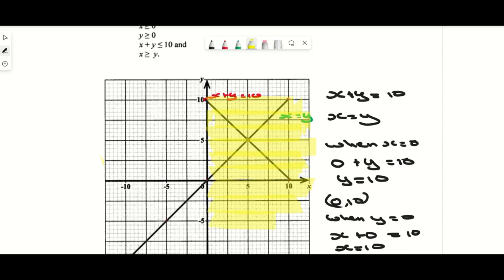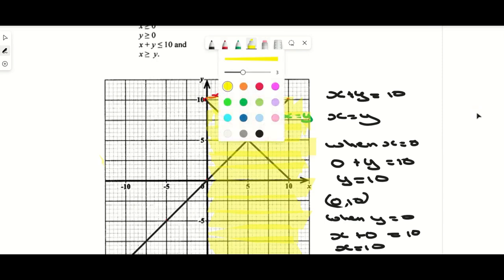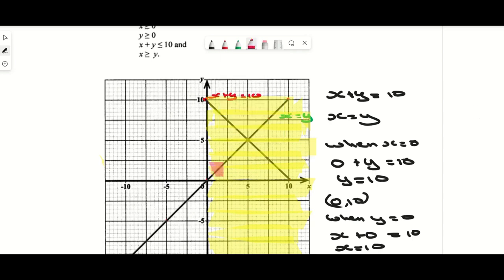And then they said y is more than or equal to 0. So that is this region here. I'm going to put it in pink. So we're not studying that bottom part anymore. We're only studying this square here.